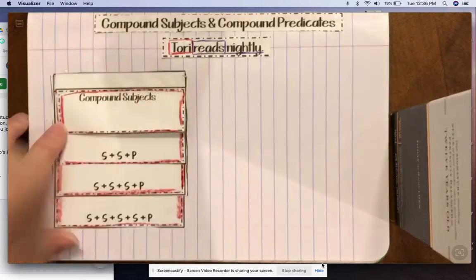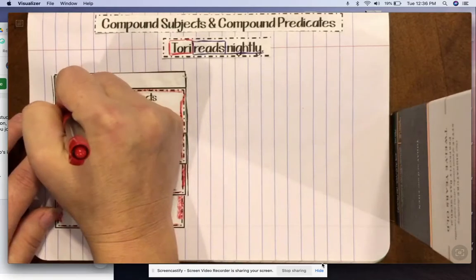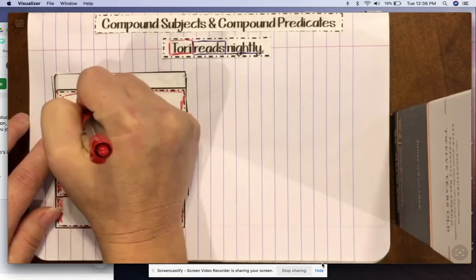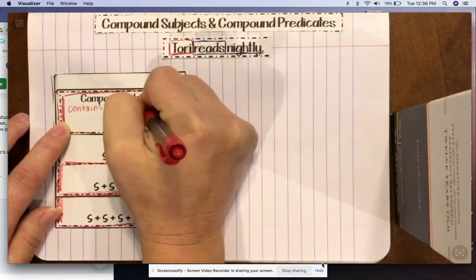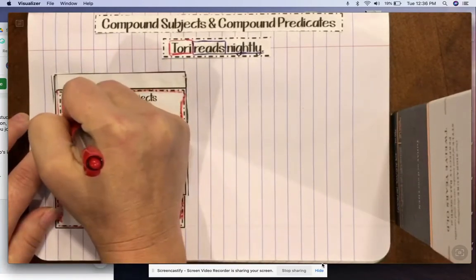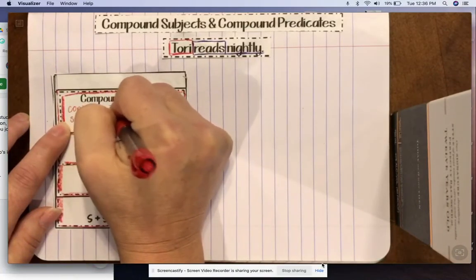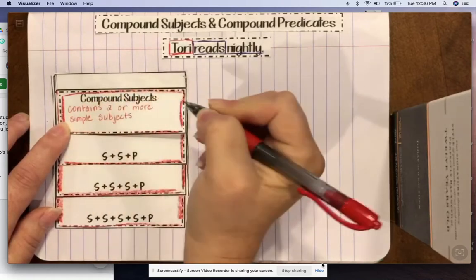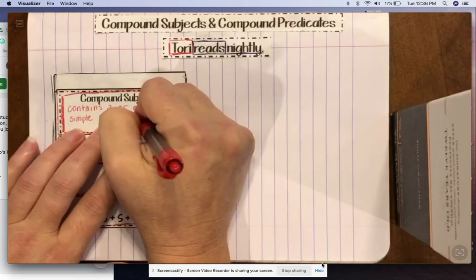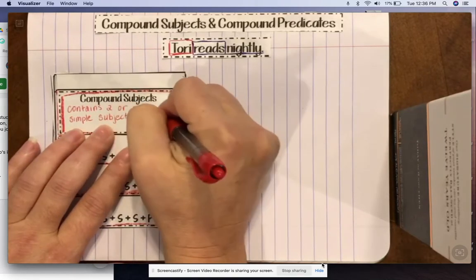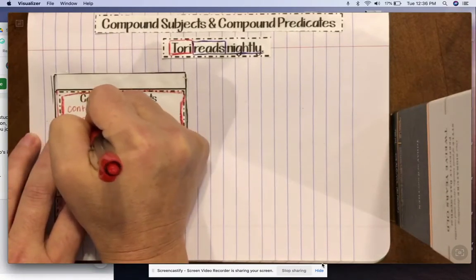A compound subject, you need your red pen, by the way, contains 2 or more simple subjects with the same predicate.